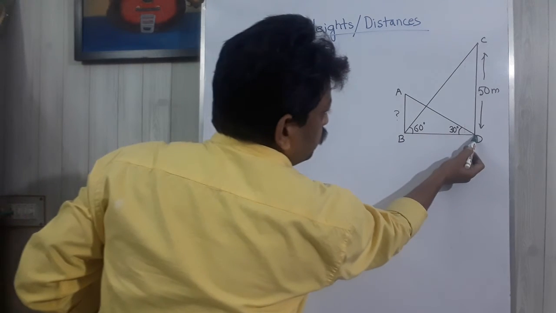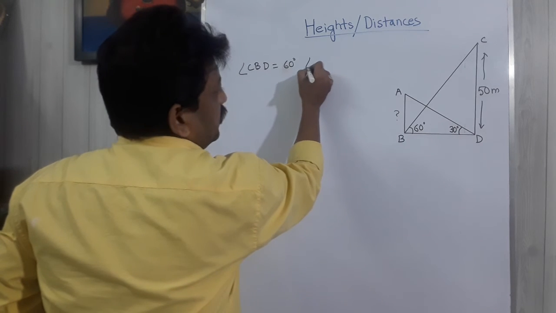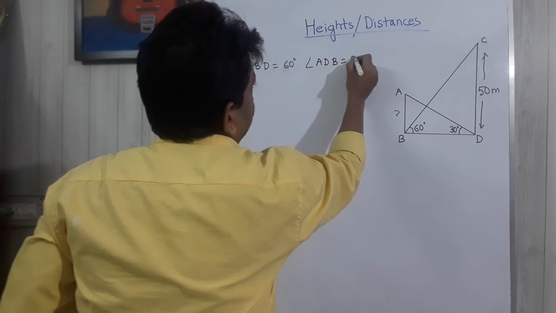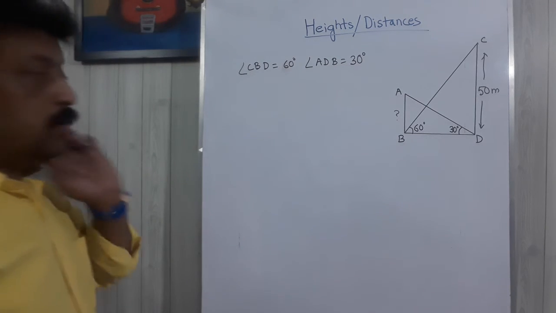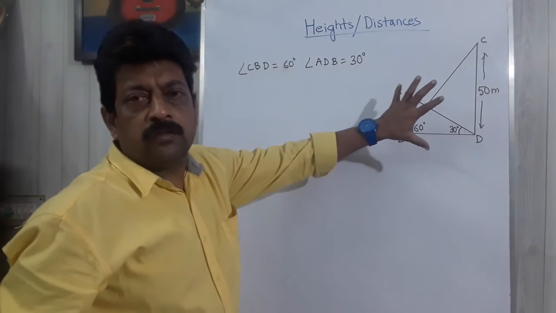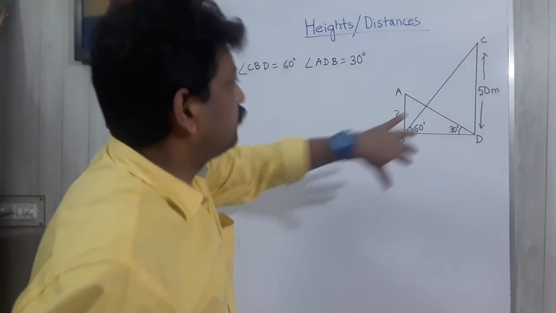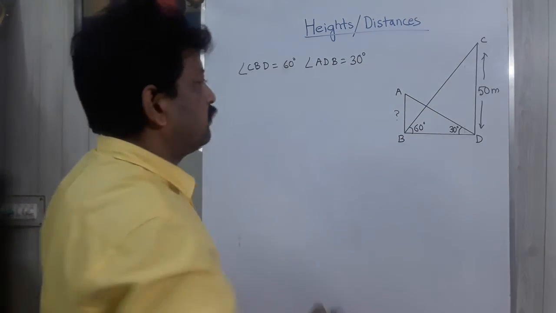And from the foot of the tower, the angle of elevation of the top of the building is 30 degree. That is angle ADB is equal to 30 degree. Understood? So you have to write a small description about the diagram, then all these angles, and then we have to choose the right triangles and solve it.